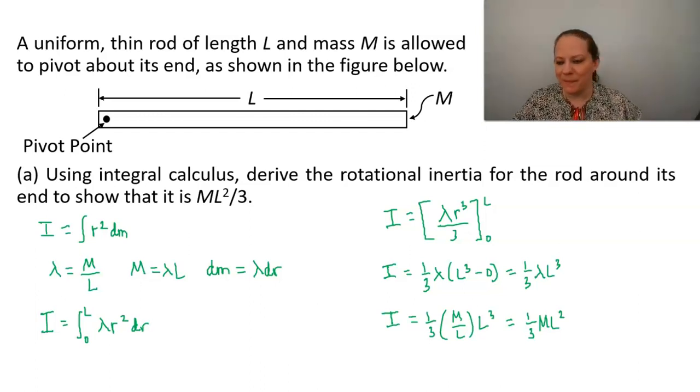So let's talk about scoring. And here we go. So we're going to get 1 point for a correct expression for dm. Our second point is going to come from correct limits of integration.